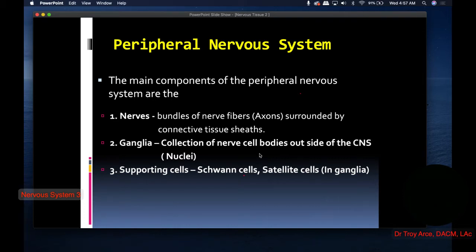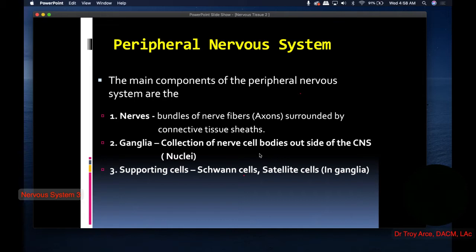And now let's get into the peripheral nervous system. So the main components of the peripheral nervous system are the nerves, which are bundles of nerve fibers we refer to as axons, which we covered in the first lecture, surrounded by connective tissue sheaths. Also, we're going to talk about ganglia, which is a collection of nerve cell bodies outside of the central nervous system.